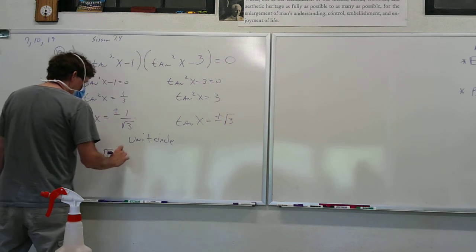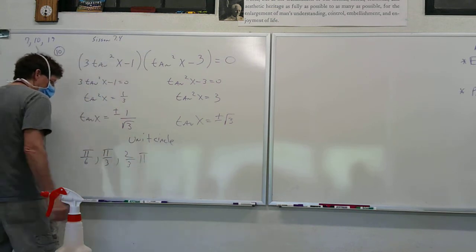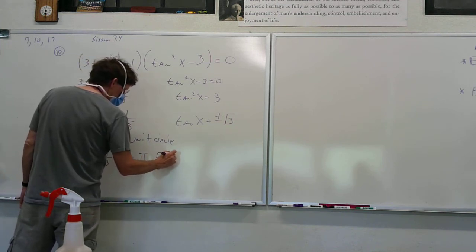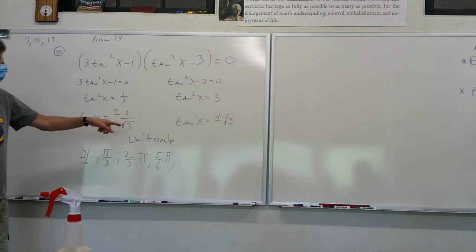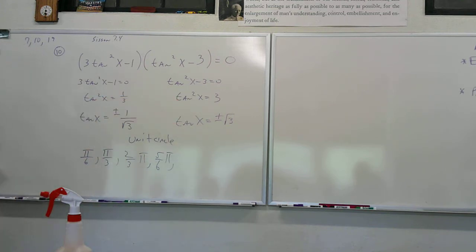You get 2/3 pi is one. It works for one or the other one. I don't know which one. 5/6 pi. Since they're 1 over the square root of 3 or the square root of 3 and they're positive or negative, I know they're at the 30s and 60s, right? So I can kind of guess.